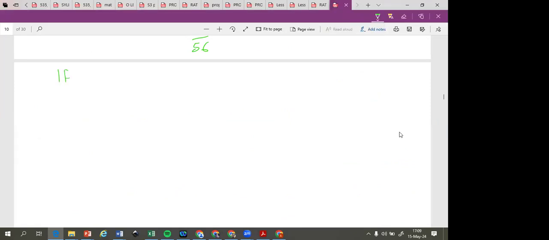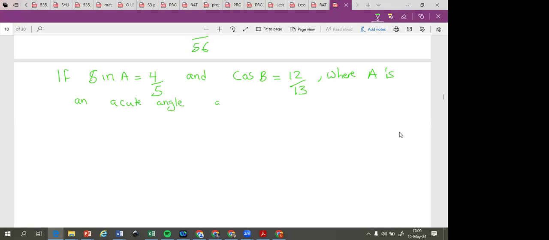We can have, if sine of A is equal to 4 out of 5 and cos of B is equal to 12 out of 13, where A is an acute angle and B is a reflex angle.